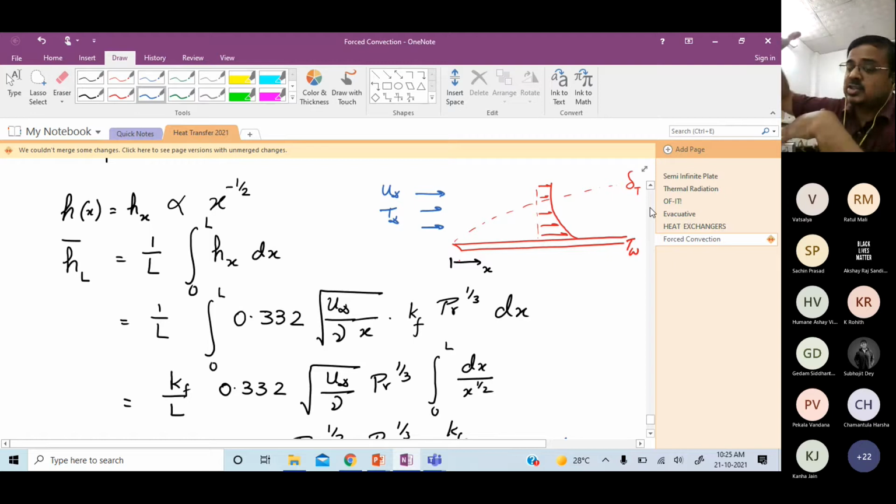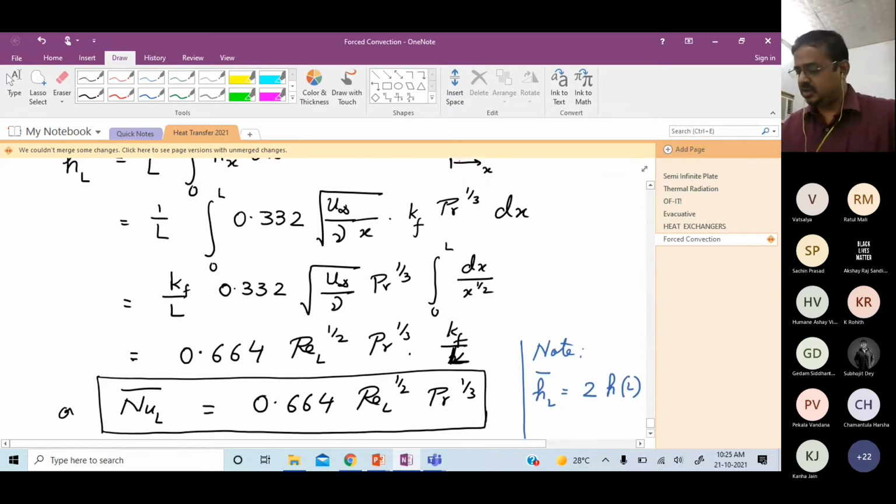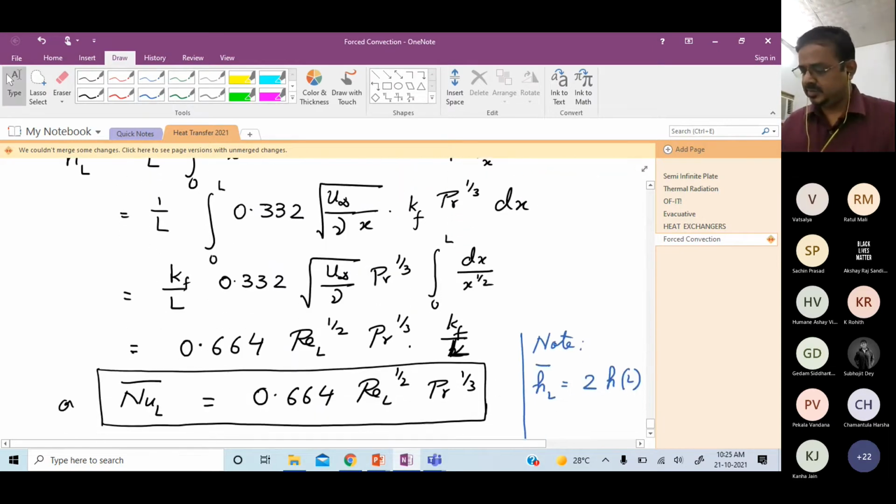That's the resistance that the heat has to overcome in order to have the temperature drop from TW to T infinity. So the higher the thermal boundary layer thickness, the lower is the rate of heat transfer and therefore the heat transfer coefficient. So for a plate of length L, the lowest heat transfer coefficient will be at what we call the trailing edge, which is x equal to L. The average is twice that value, as you can see.